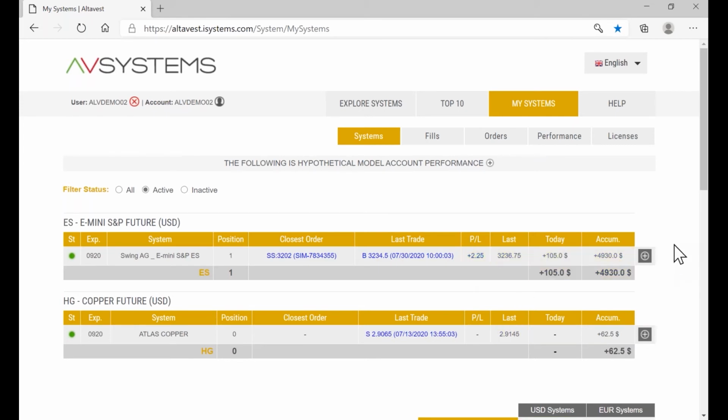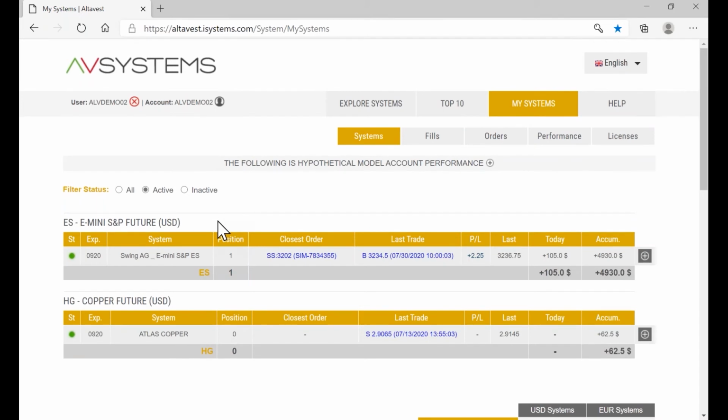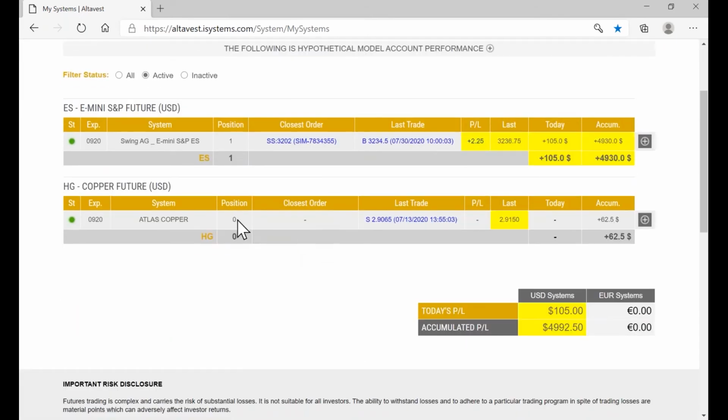And that's what it looks like, folks, when you initiate, or activate, I should say, a system and go live. It shows up right here under My Systems, and you can see this system here is flat for the day, 0 position. It has no position at the moment. It's up about $62. This system here, it's called Swing AG E-mini S&P ES, and profitable so far today, and accumulated profits on the system since I activated it and went live in this demo account, about $4,900.